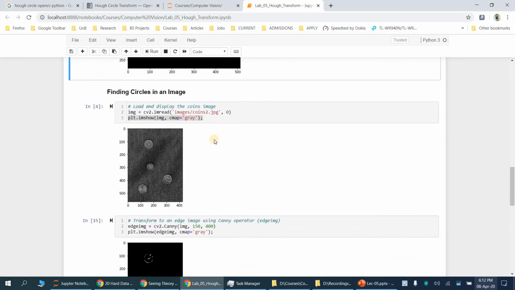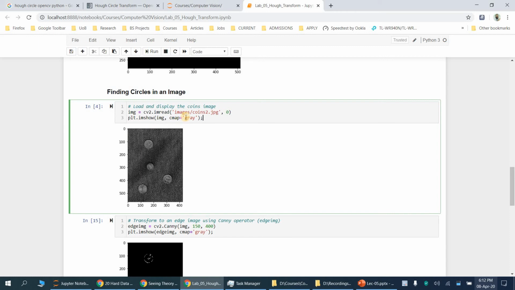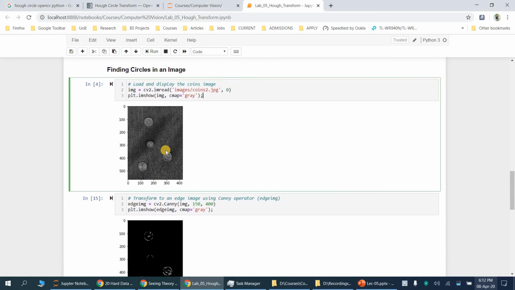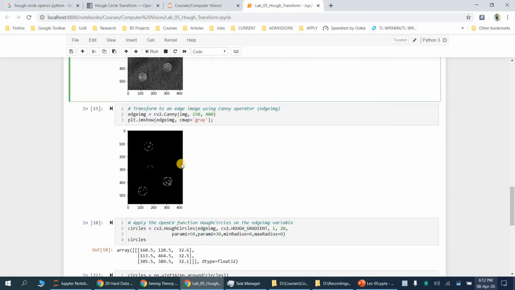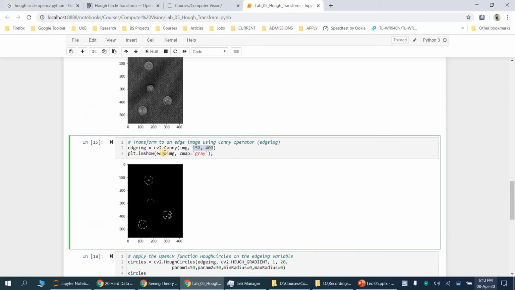Now coming to the circles. The image given for the circles is called, for example, coins2.jpg. We load the image and then transform it into an edge image. Remember, here I use this high value. If this value is kept low, there will be too much noise in this image because of the background.